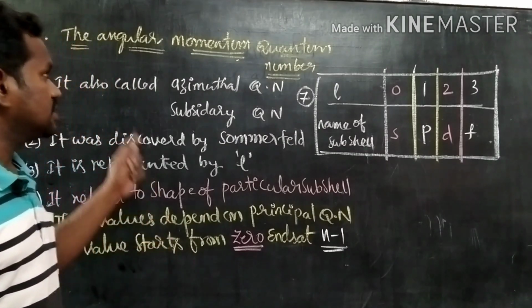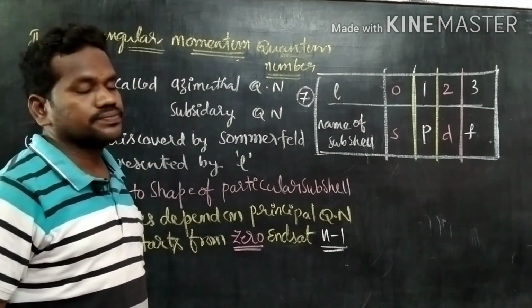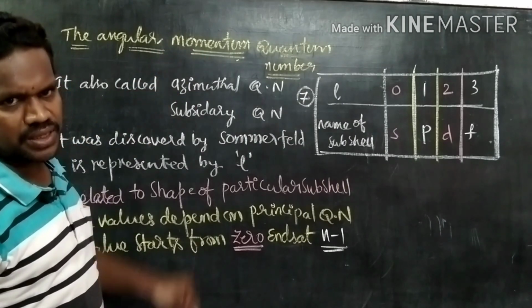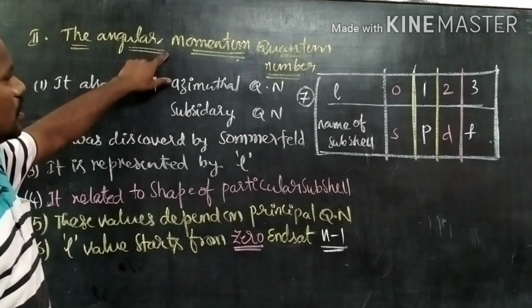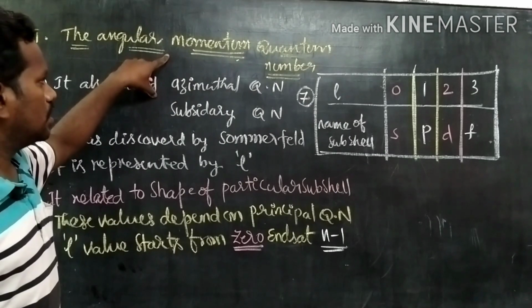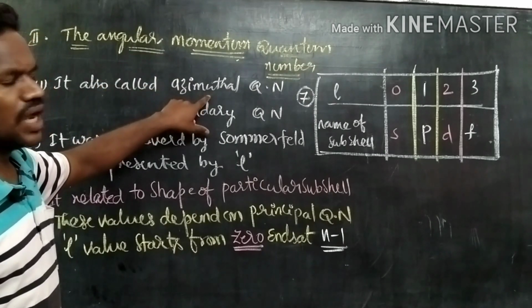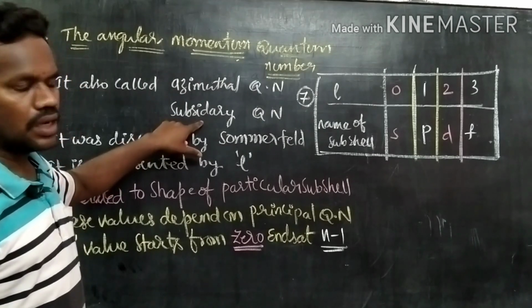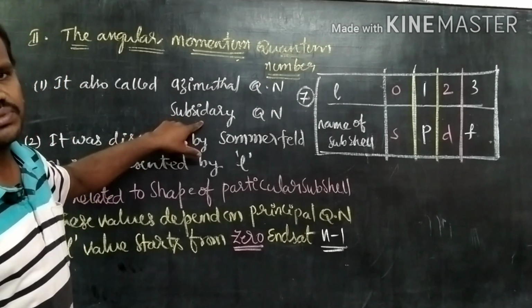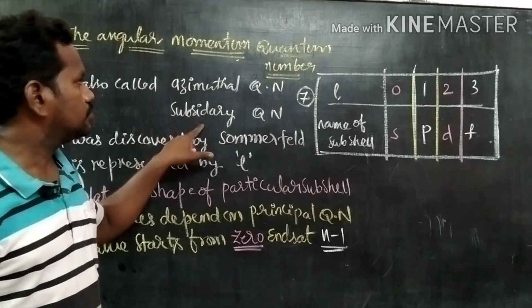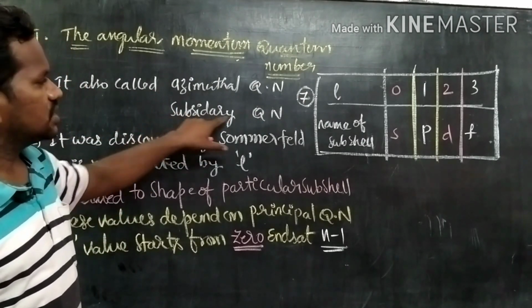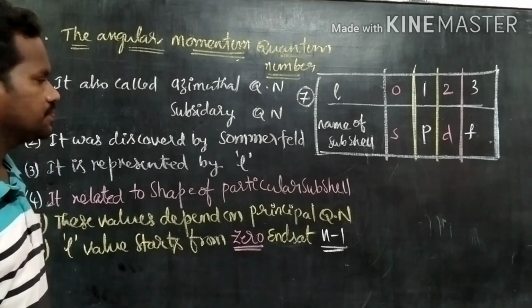Now, let us discuss the second quantum number, that is the angular momentum quantum number. The angular momentum quantum number is also called the azimuthal quantum number, or the subsidiary quantum number.